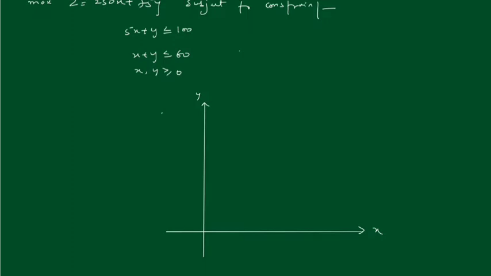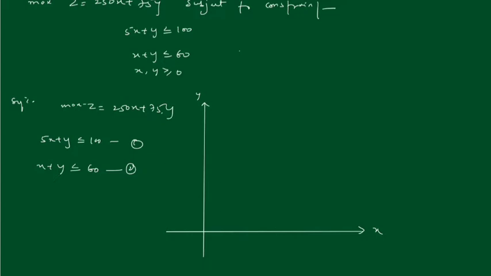Variables are two here, right? We are taking 2D. First of all, we consider the values. Solution: 5x plus y less than or equal to 100 is equation 1, x plus y less than or equal to 60 is equation 2, right? The objective function is maximize Z equals 250x plus 75y.